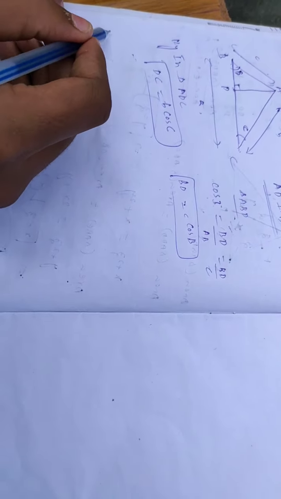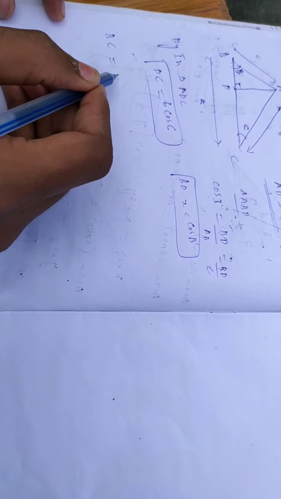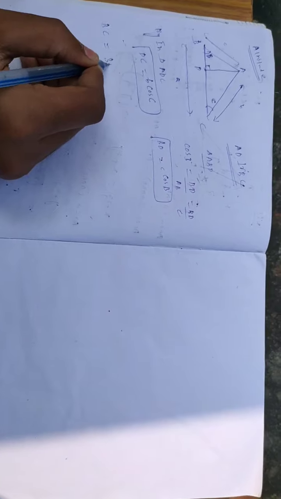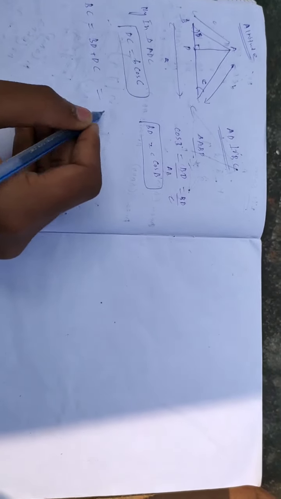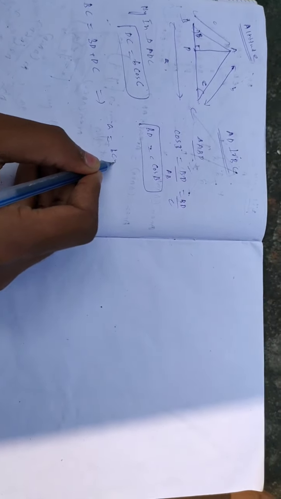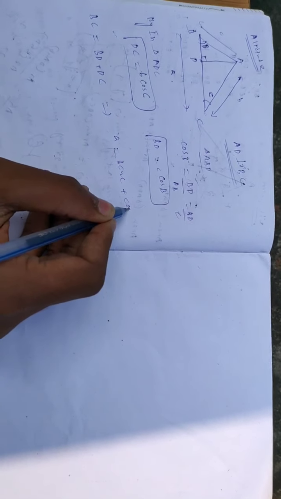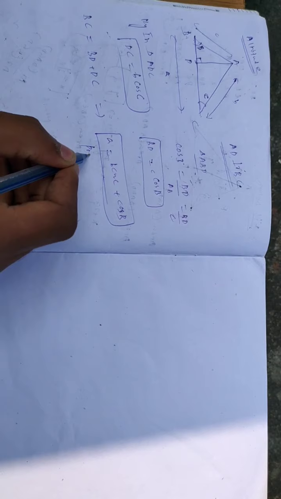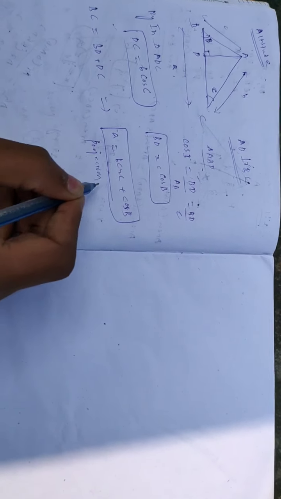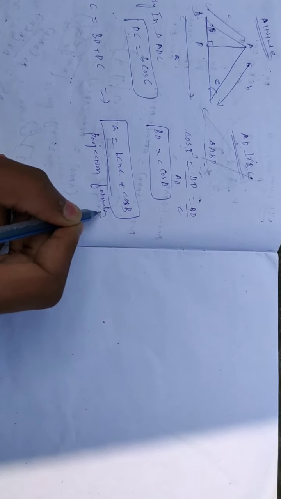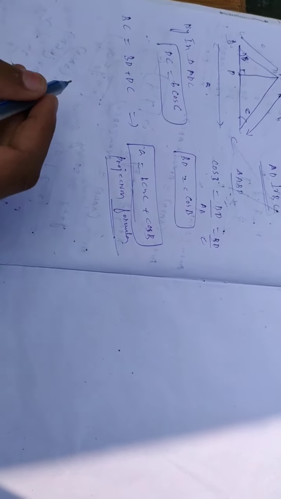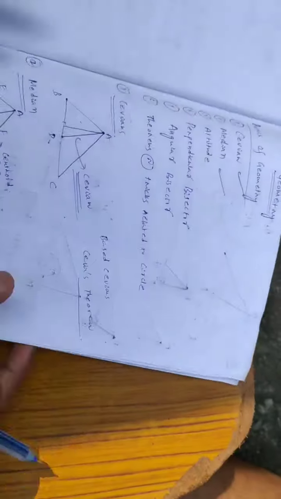We know that BC is equal to BD plus DC. So that implies that a is equal to b cos C plus c cos B. This is the projection formula we learn in properties of triangles. Okay, now let us go to another one.